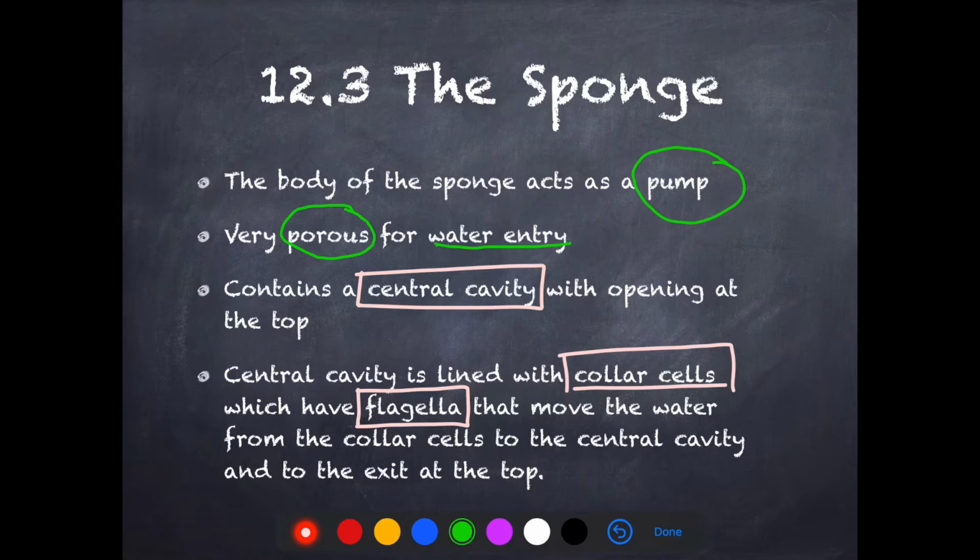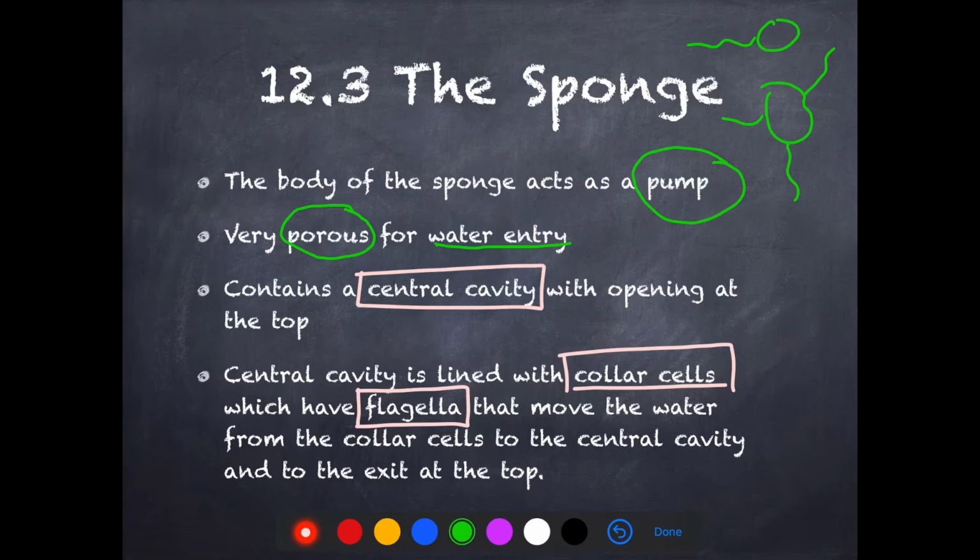The central cavity is going to be lined all around with something called collar cells. And those collar cells are going to have something called flagella. Remember how we talked about flagella looking kind of like a tail that's used for movement. So sperm have flagella at the end of them. And there are also other cells that might have 1 or 2 or 3 flagella or more.